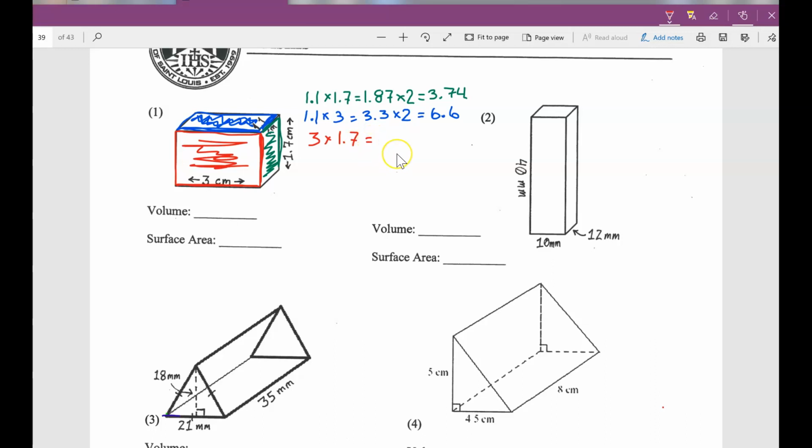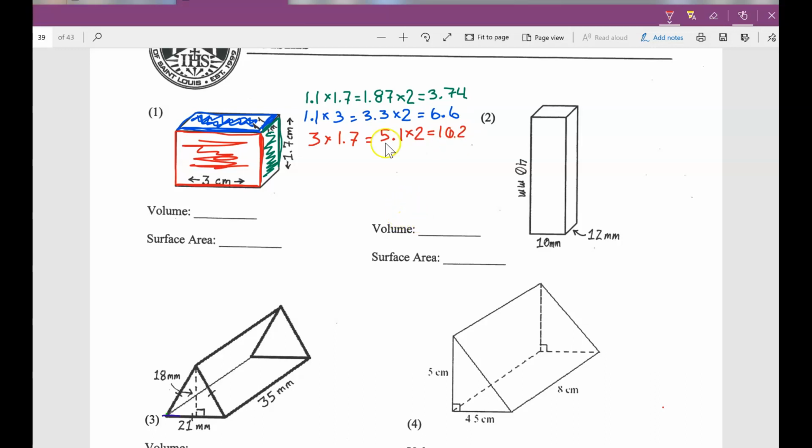What is 3 multiplied by 1.7? According to my calculator, that would be 5.1. But wait, that's only the area of this front face. We also have to include the back, which is identical, so we're going to multiply by 2. 5.1 times 2 is going to be 10.2.